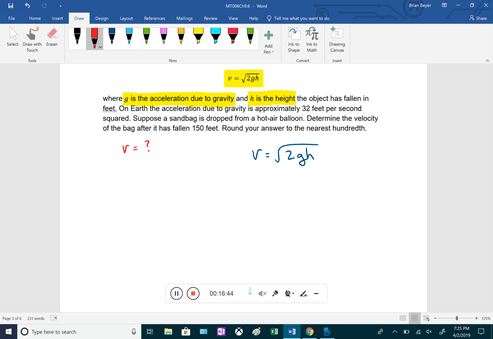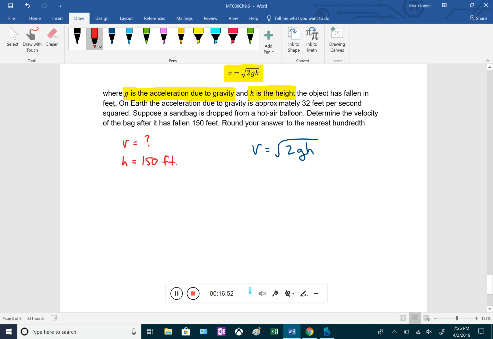We are given h is 150 feet. And we know that the acceleration g due to gravity on Earth is 32 feet per second squared.